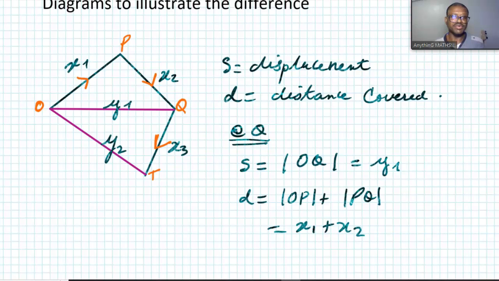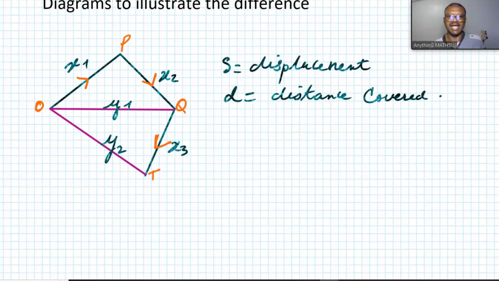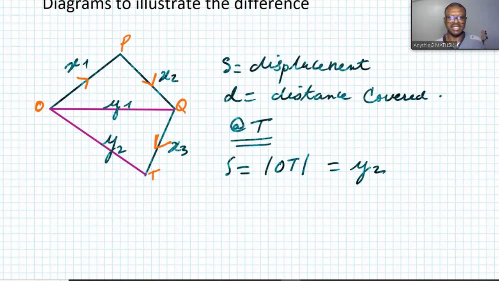Let's look at when you are at T. At T, displacement becomes OT, which gives you y2, and the distance is OP plus PQ plus QT.